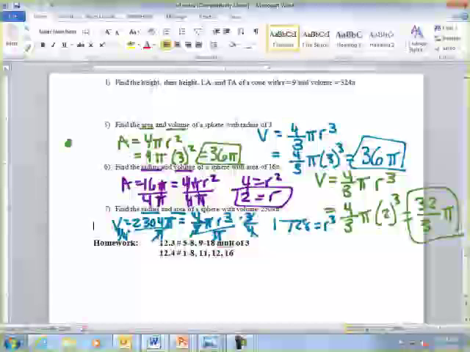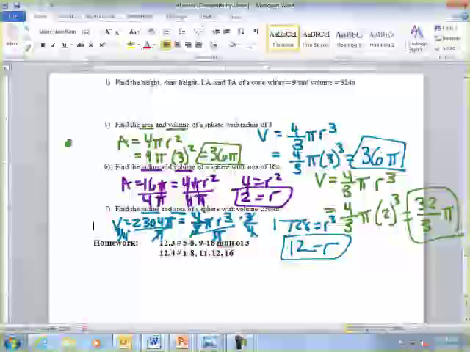So we just do some guess and check until we find the appropriate number that we would multiply 3 times to get the number in the question. I don't expect you to know all your perfect cubes. I don't know them either. So just guess and check. You cannot just divide by 3 because it's not 3 times r. It's r times itself 3 times. Good question. That's a common mistake.